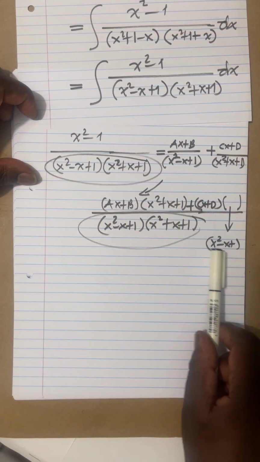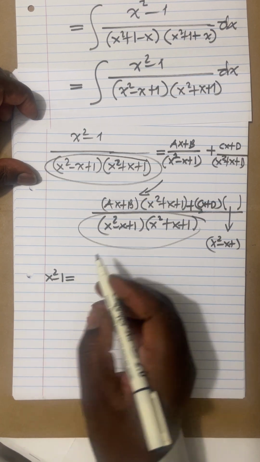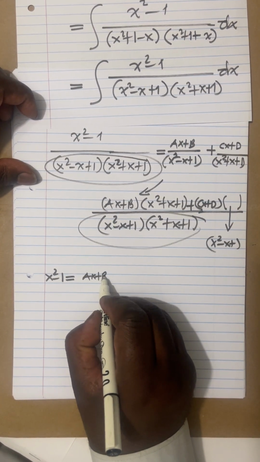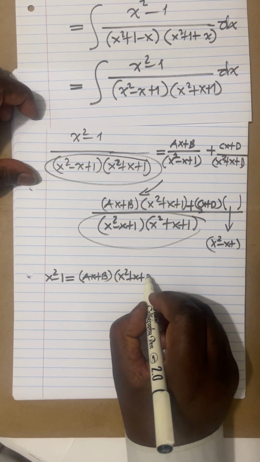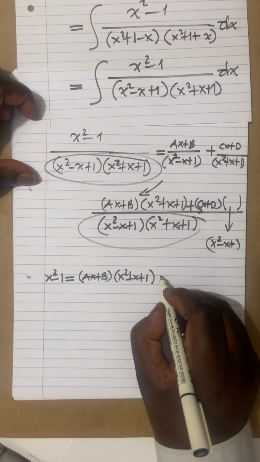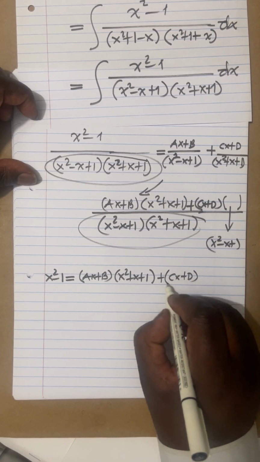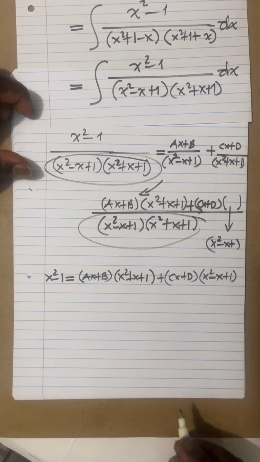So that numerator there must be equal to that. So we're now saying x squared minus 1 must be equal to this part here, ax plus b times x squared plus x plus 1, and then plus cx plus d times x squared minus x plus 1, like that.